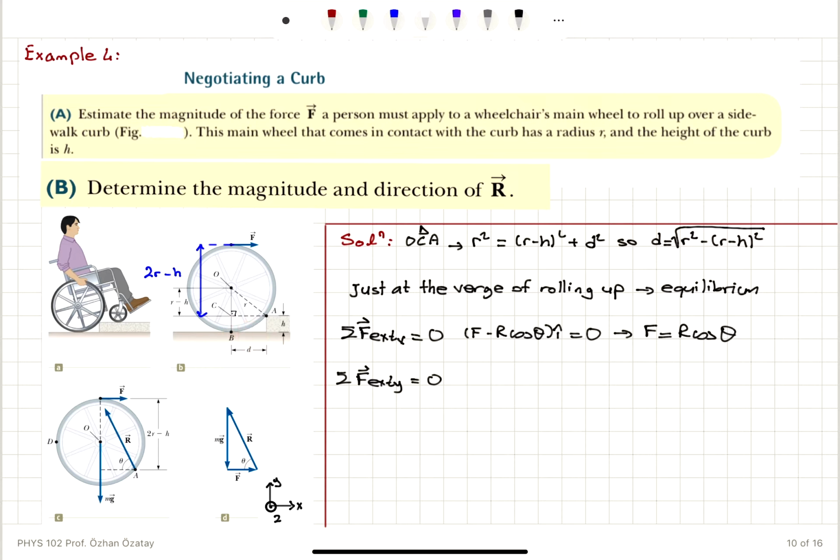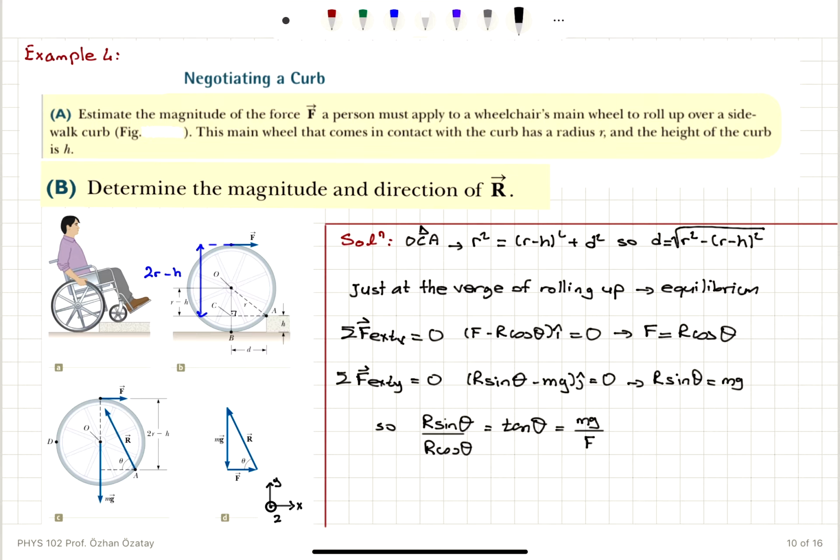So we have R sine theta, the y component of R, minus mg, times j hat is 0. Therefore, R sine theta must be equal to mg. If we divide these two equations, R sine theta divided by R cosine theta, that is tangent theta, this must be equal to mg over F. So we're dividing the y equation by the x equation.